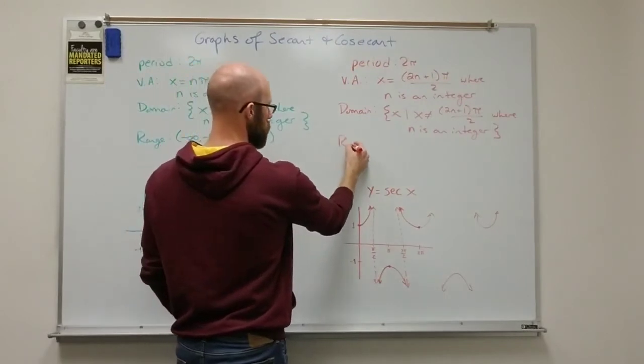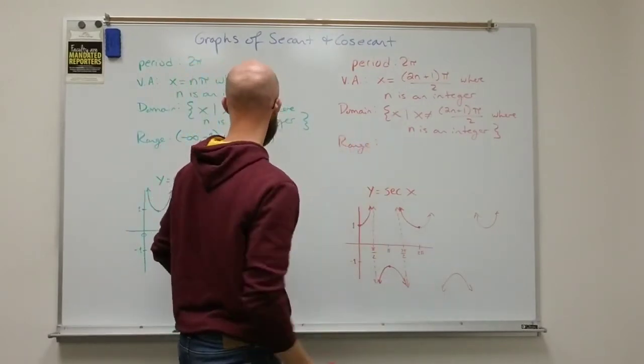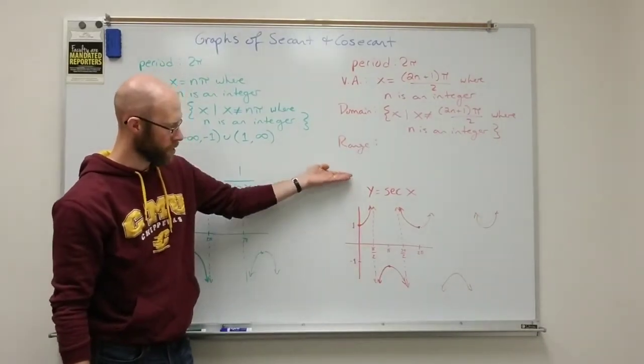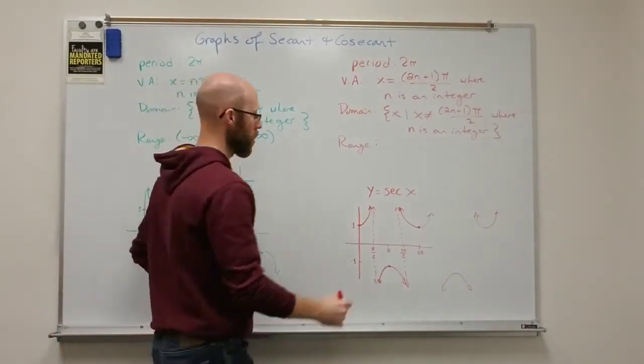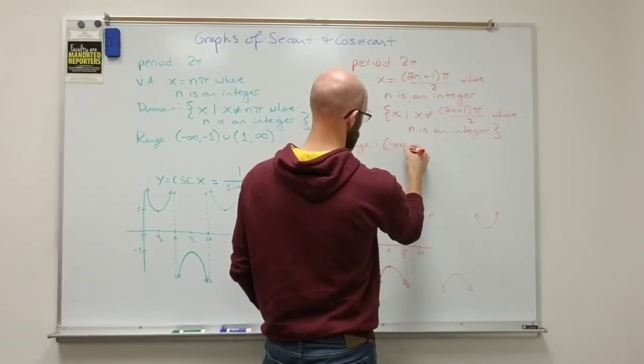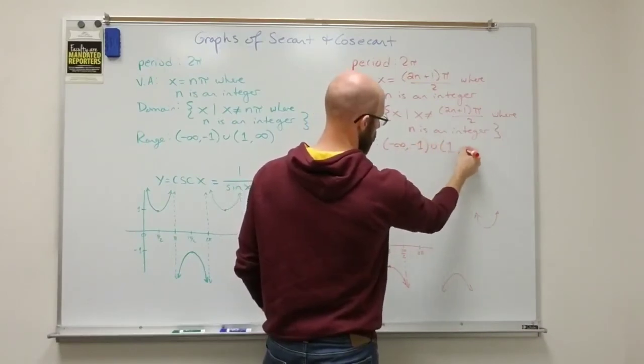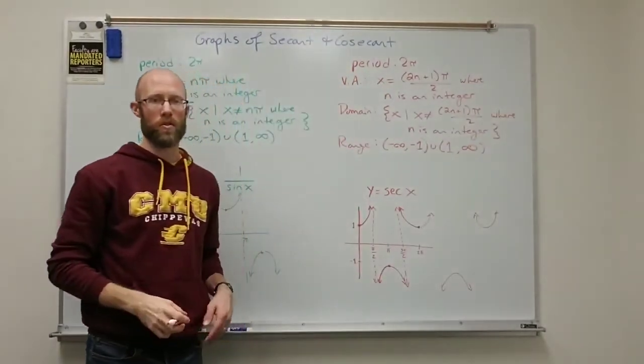And the range, well, the range is going to be your y values, and those are going to be the same. It's going to be everything greater than 1, everything less than -1. Okay, so negative infinity to -1, and 1 to infinity, those two intervals.